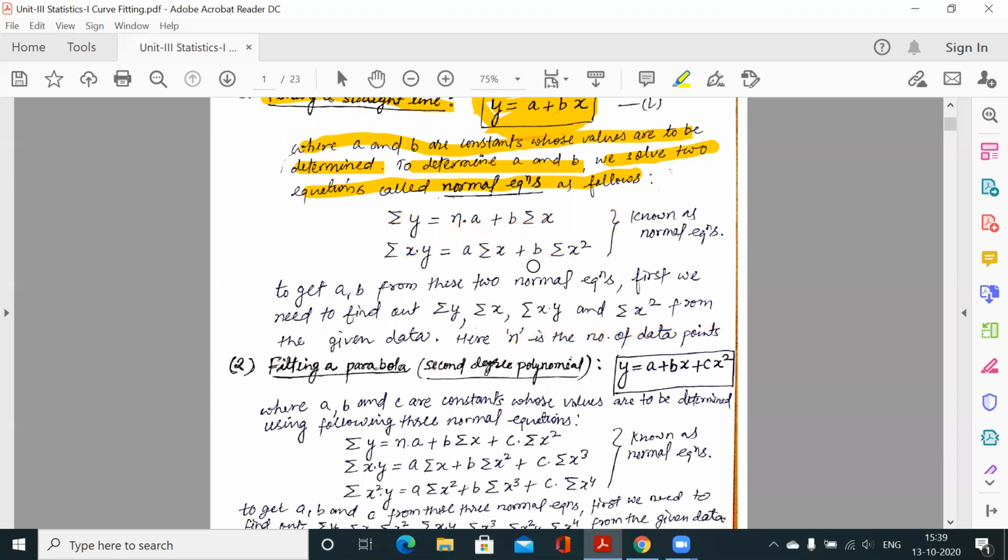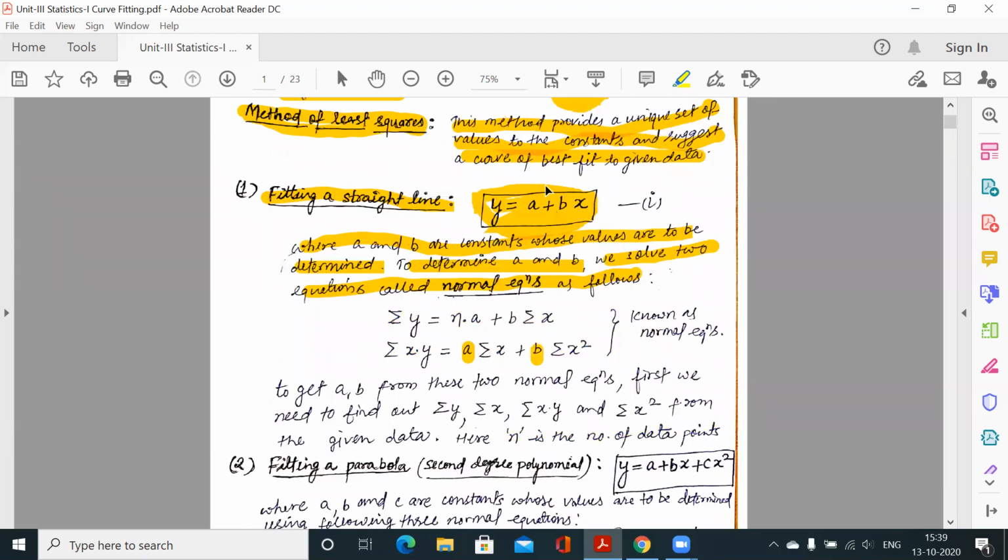Suppose 2a plus 5b is equal to 10 and minus a plus 10b is equal to 6. By elimination or substitution, using any of the methods you already know, you can solve these two linear equations and get a and b.